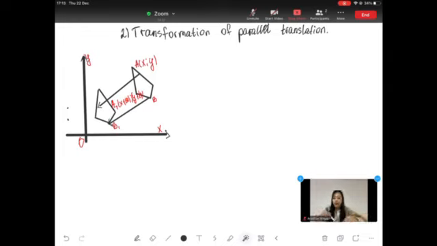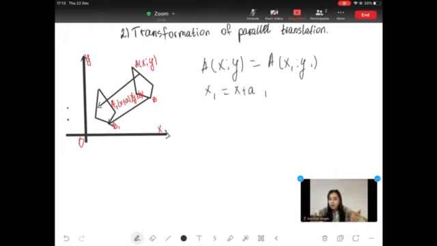Such a transformation in the plane is called parallel copying. So, during parallel copying, if the point A, x, and y moves to the point A1, x1, and y1, the equivalence x1 equals x plus a and y1 equals y plus b are fulfilled.